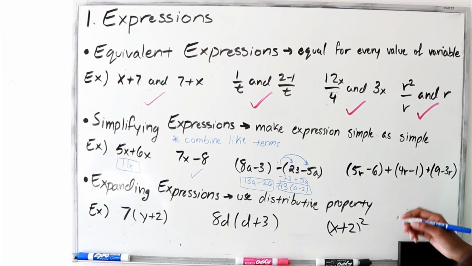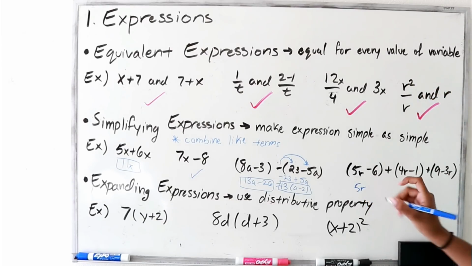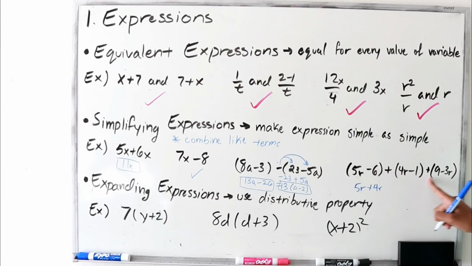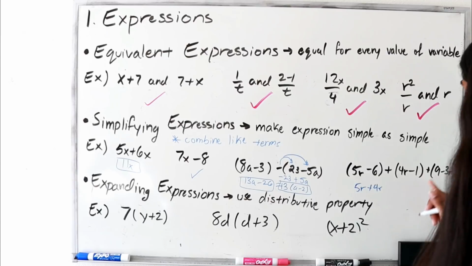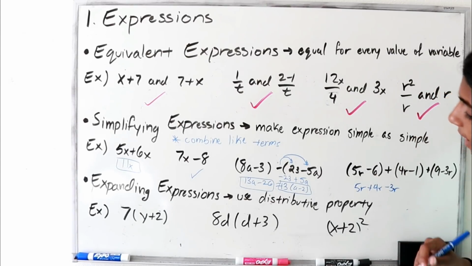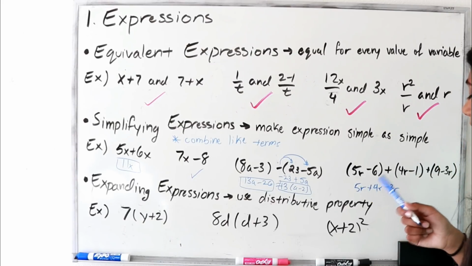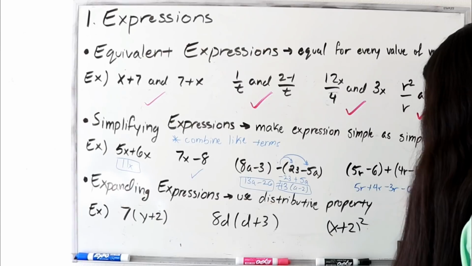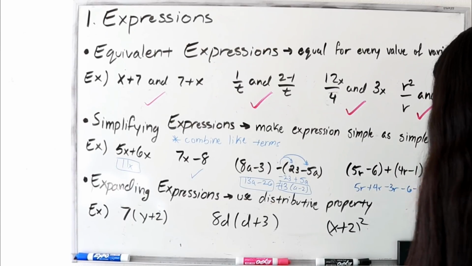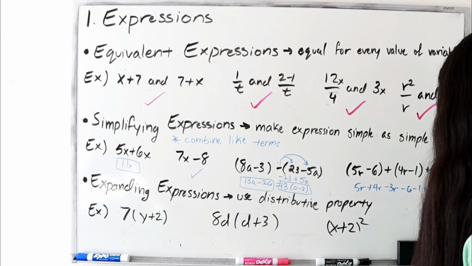So our first set of like terms are 5r, and then plus 4r, and then it's going to be plus negative 3 because plus times a negative is just a negative, so minus 3r. And then what you're going to do is look at the next set of like terms, which is the constants. So you're going to look at negative 6, and then after that we have negative 1, so minus 1, and then we have plus 9, so plus 9.